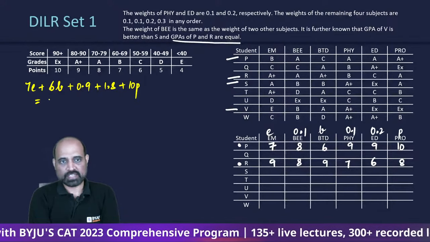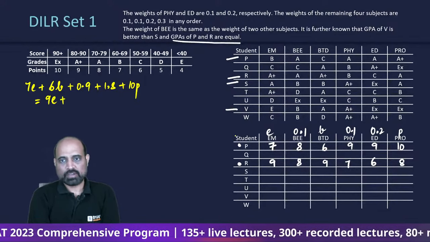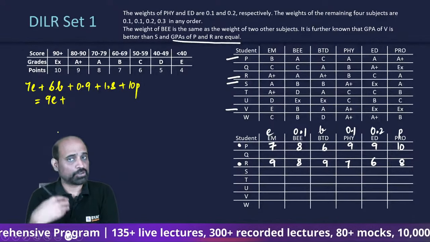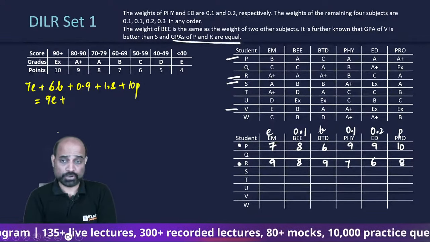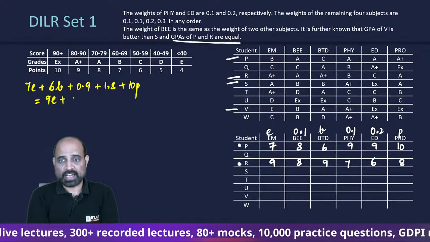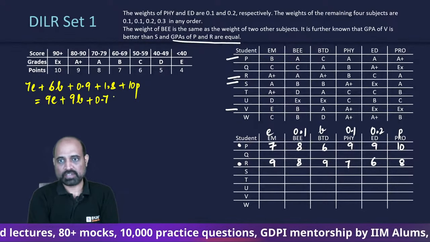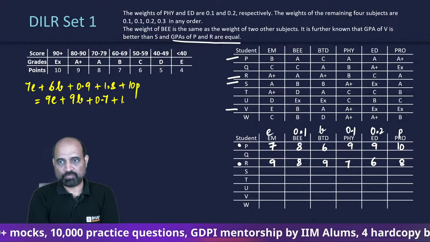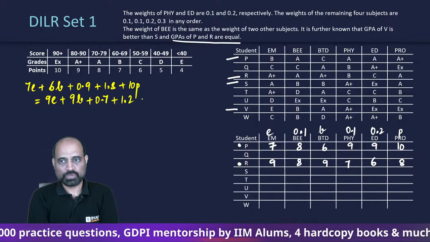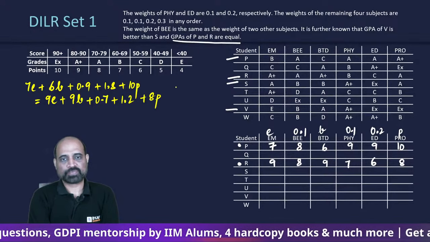This is given as 9E. 8 into 0.1 is 0.8. I did not write it for P, I'm not going to write it for R. Then we will have 9B. Then we will have 0.7, then we will have 1.2, and we will have 8P.